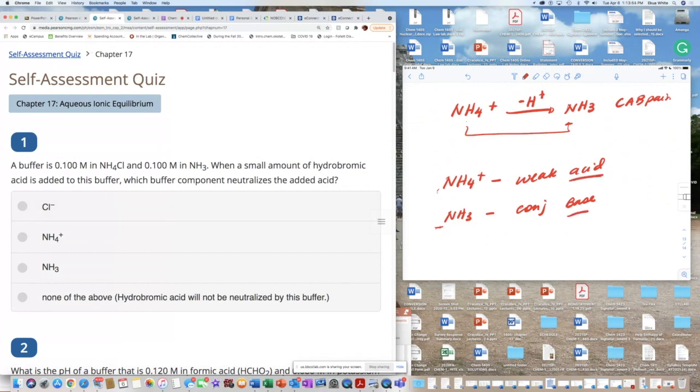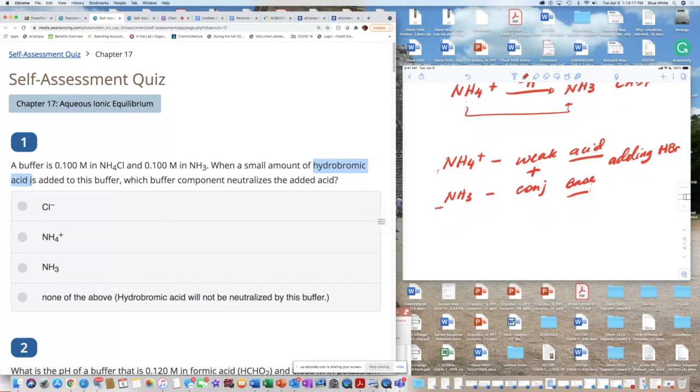They're saying when a small amount of hydrobromic acid is added. So this situation already exists where these two are mixed. You're adding hydrobromic acid, this HBr, which is also an acid. So which component, the acid or the base, will neutralize the hydrobromic acid?